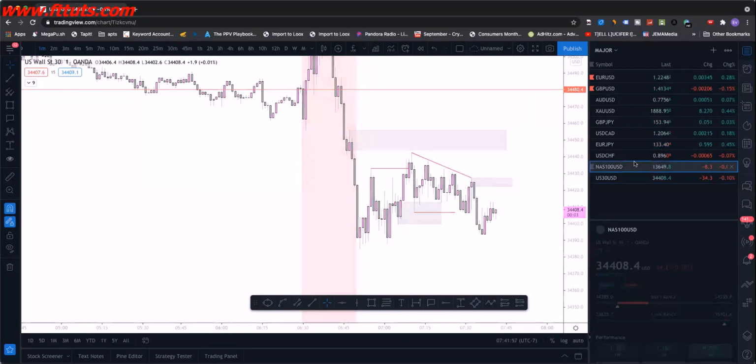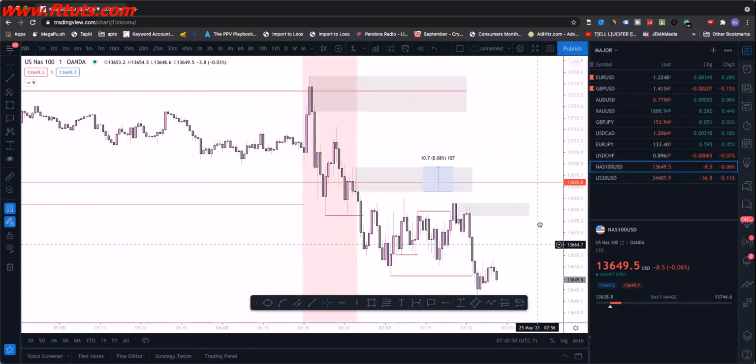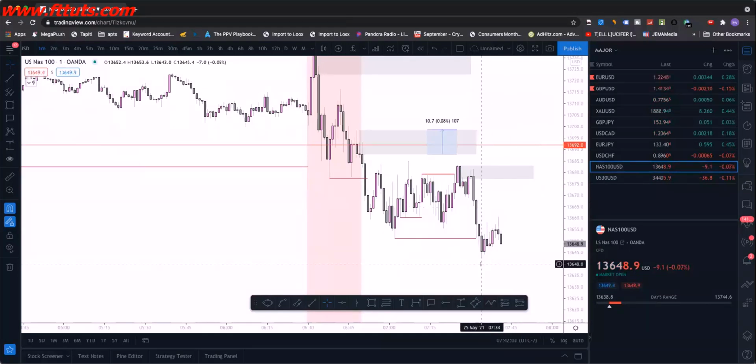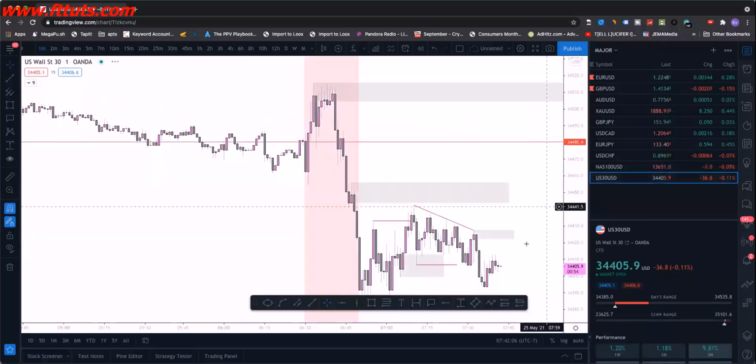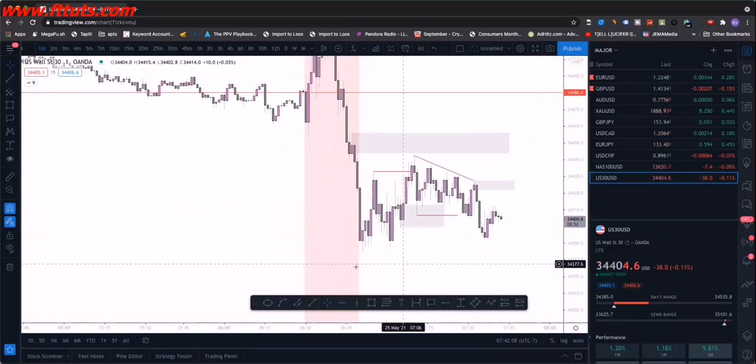Okay, so let's look at, now it's 100. Just waiting. All these lows, we can potentially run these out. So just waiting for price to get here.